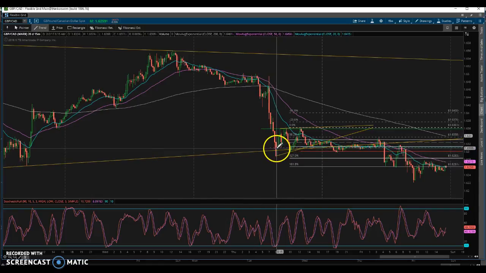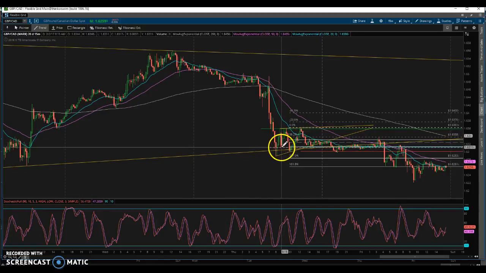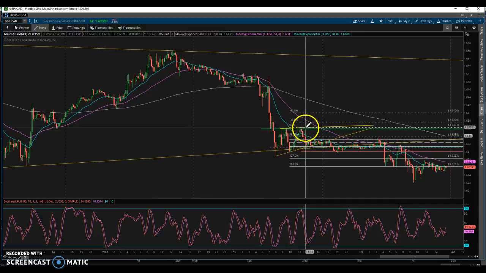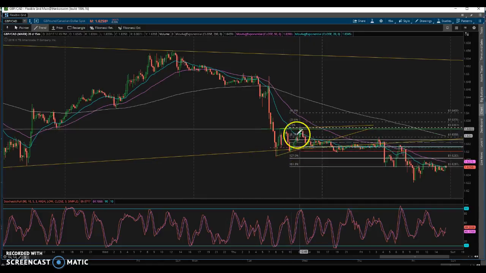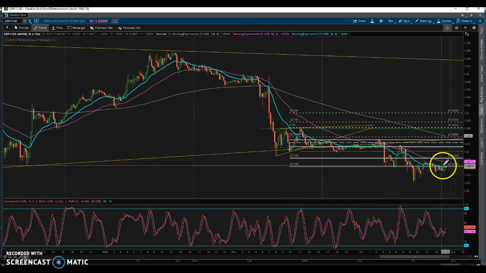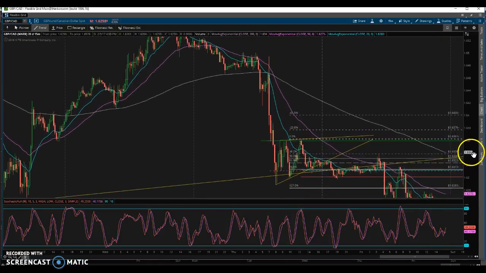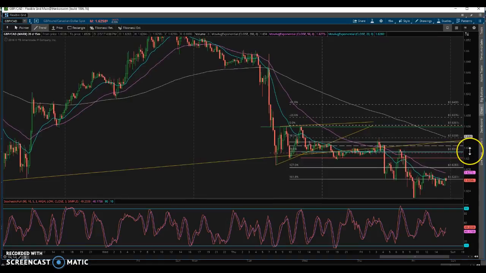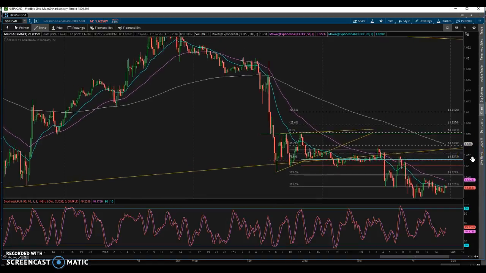It came back up, and it came back and tested it again. Looked like it had a pretty decent little bullish move off of it, and we started creating a corrective structure, I guess.